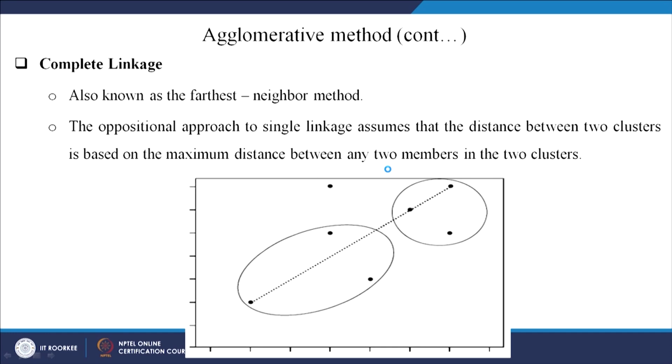Complete linkage is just the opposite. It takes the data on the basis of the farthest neighbor. So, the oppositional approach to single linkage assumes that the distance between two clusters is based on the maximum distance between the two members in the two clusters. Third is the average. Now, what is the average?